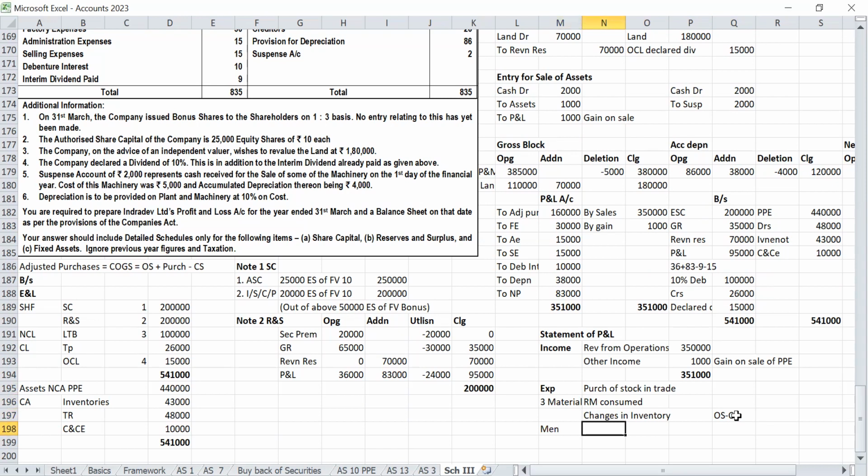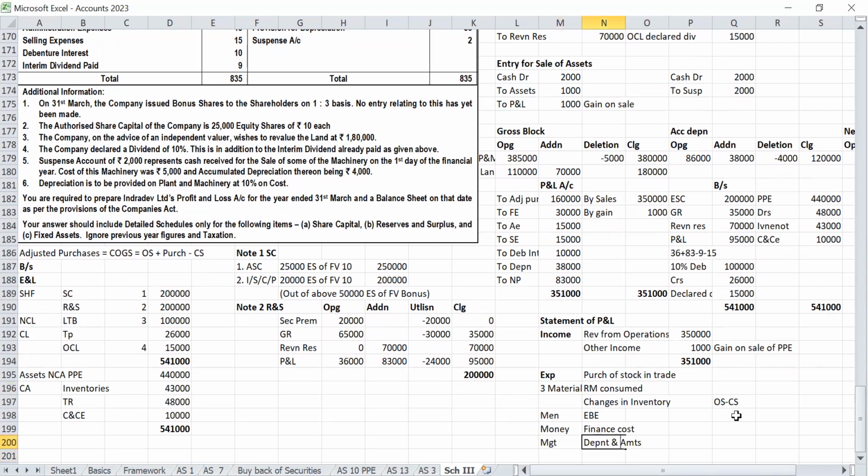Men is nothing but employee benefit expenses. Then money, for raising loan we are paying interest. Interest's another name is finance cost or finance charges. So material, men, money, management. For management you are paying depreciation and amortization. That is, you are not paying to the management for when the asset.